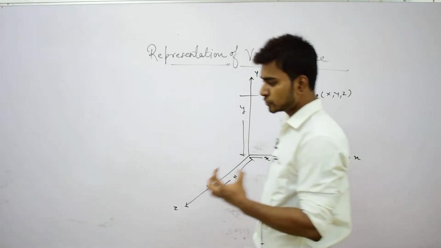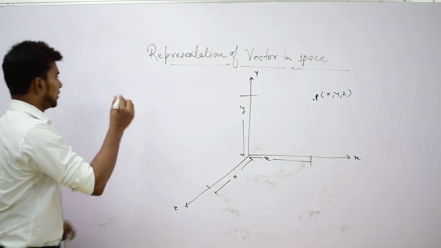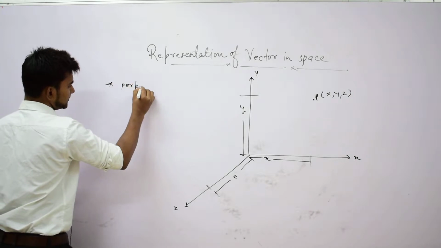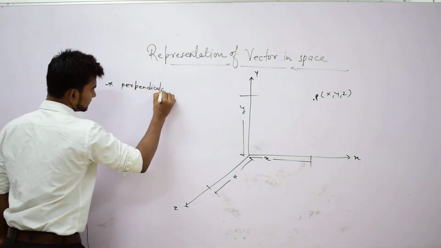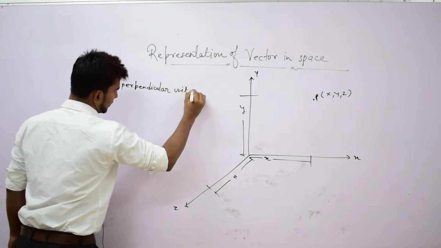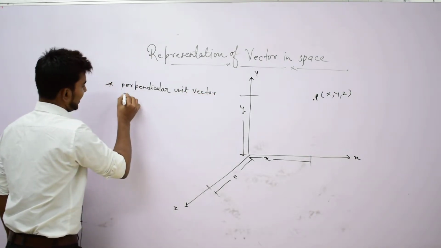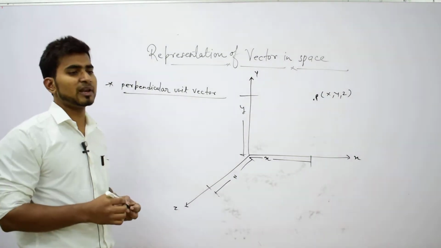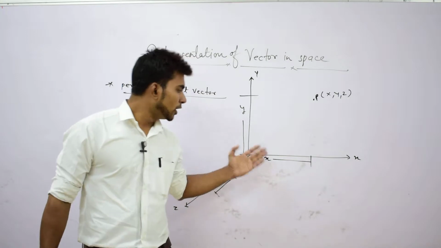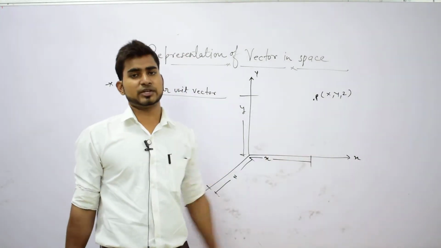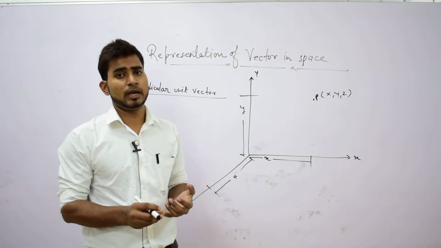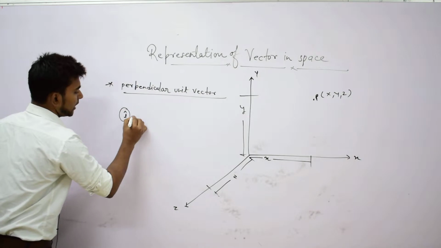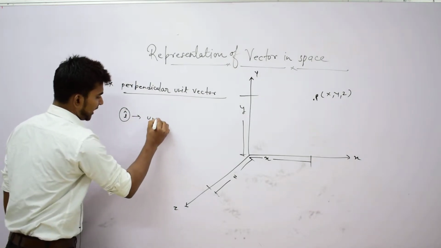You need to understand the role of the perpendicular unit vectors. In very simple language, to denote a particular x direction, we need some more notation, and that notation is I cap.